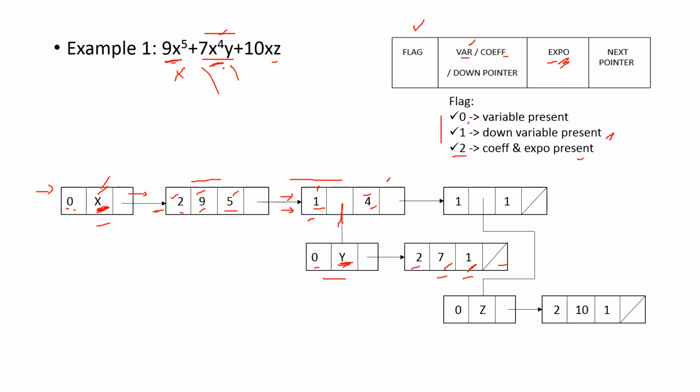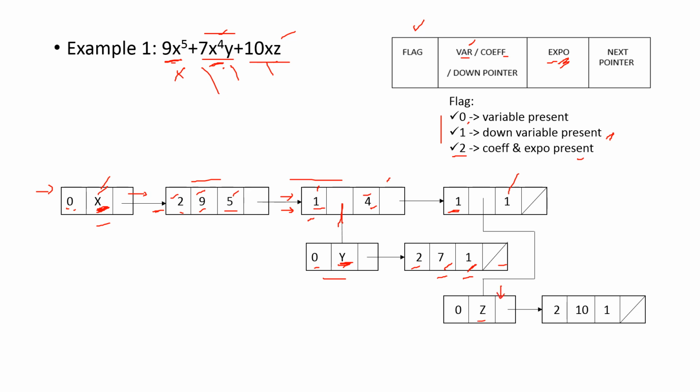Now come to the third term, 10xz. There also one other variable is there, z. So first you have to mention x. Say this x coefficient is 1, and the down variable you are using, because you are having one other variable, so the down pointer variable is coming here, and you are having the variable z.